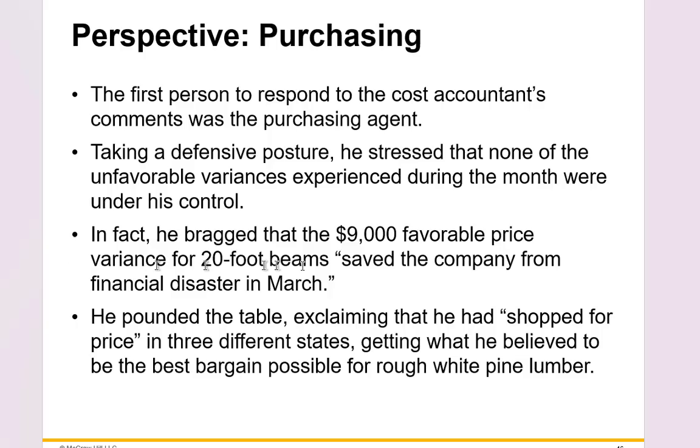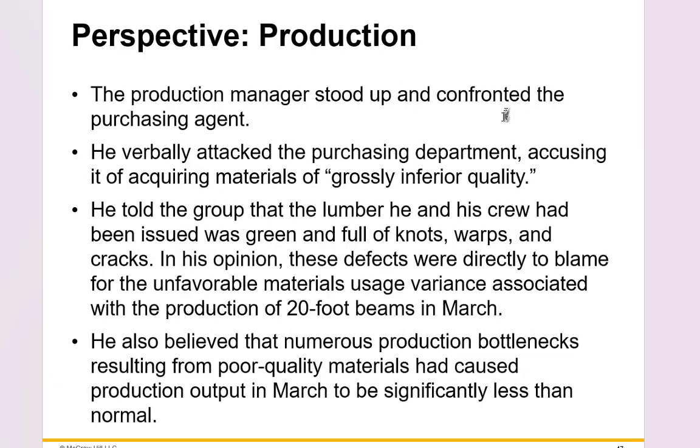He only managed the price variance, so he supposedly saved the company from disaster. He pounded the table saying he shopped for the best pricing at the best bargain. But the others are saying, you might have gotten a good price, but these were grossly inferior quality, and that required us to use more materials and to spend more time working through these production bottlenecks because they were less than we expected.